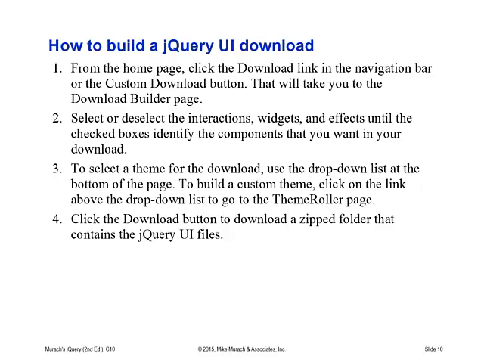So here are some basic steps, 4 of them, on building a jQuery UI download. Go from that homepage to the download link under the navigation bar. Select interactions, widgets, and effects that you need, and select the theme, and then download those, and they'll all come in a zipped folder.